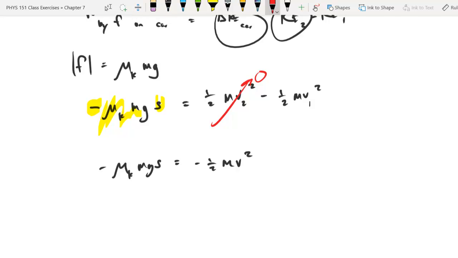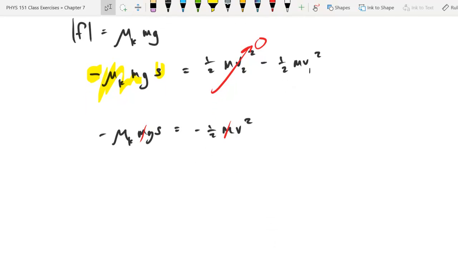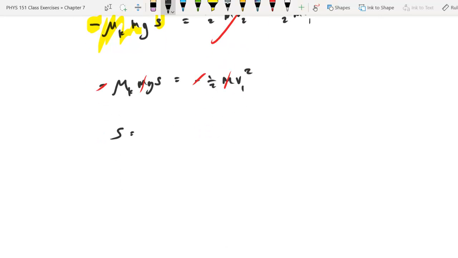So we have a mass on both sides, which cancels out here, right? And we have this S, and this was V1, right? The negatives also cancel out here. And just solving this, we end up with S equal to V1 squared over 2 mu k g.